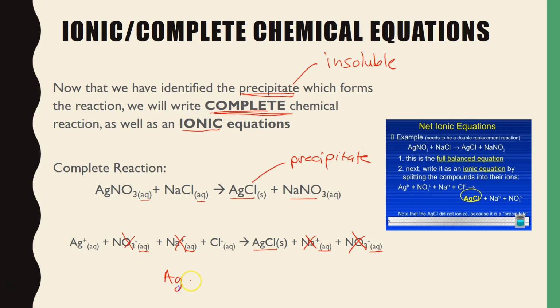So the ionic equation would be silver, Ag+, plus chloride, Cl-, in aqueous form, forming silver chloride solid. That there is our ionic equation showing the reaction. The crosses are through the ions which are not reacting, therefore leaving only behind the ionic equation.